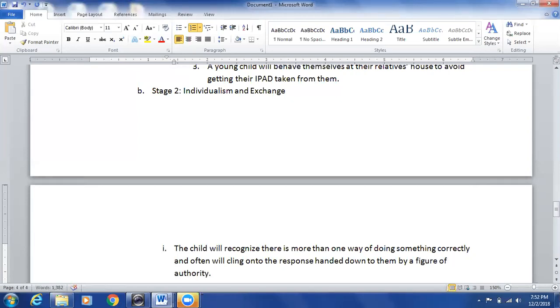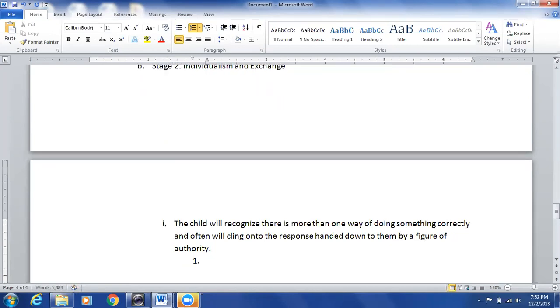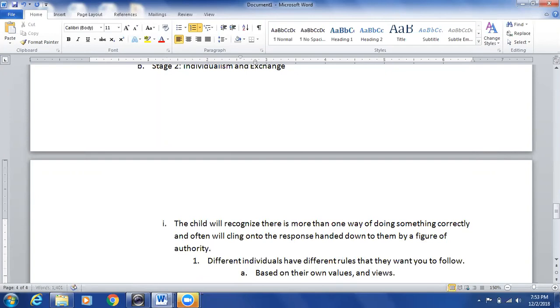However, they're able to acknowledge that different individuals have different rules that they want you to follow, and that is often based on their own values and views.